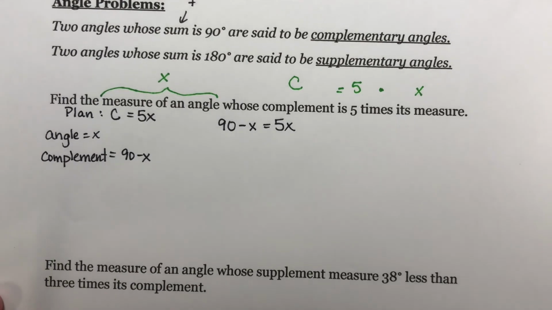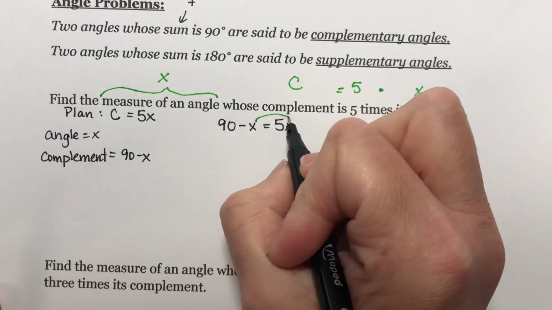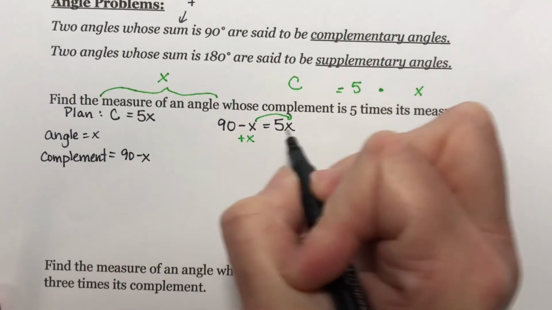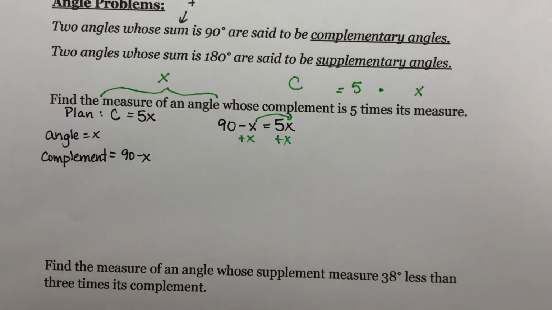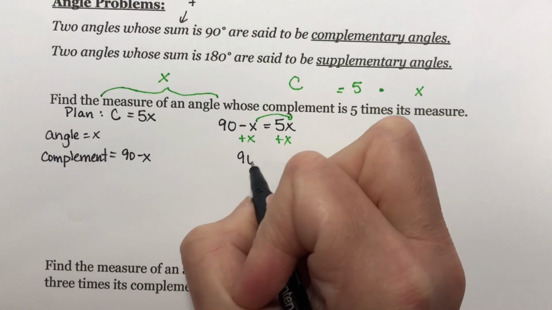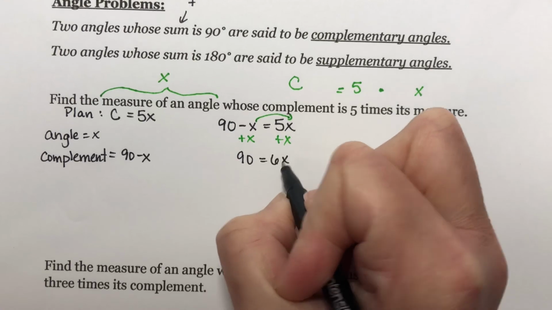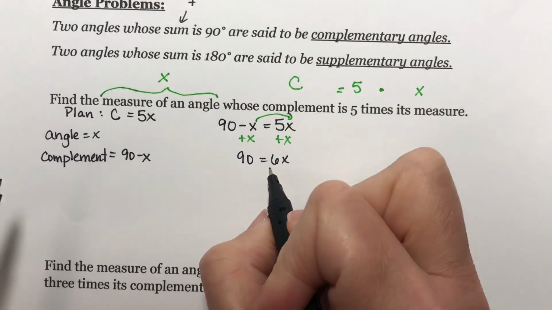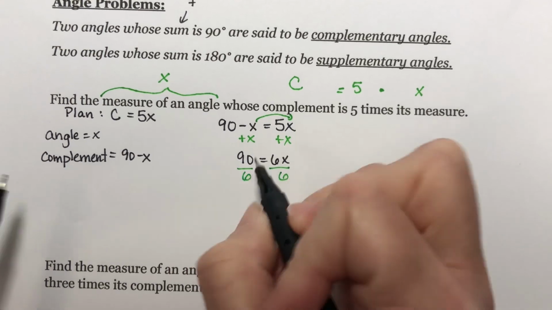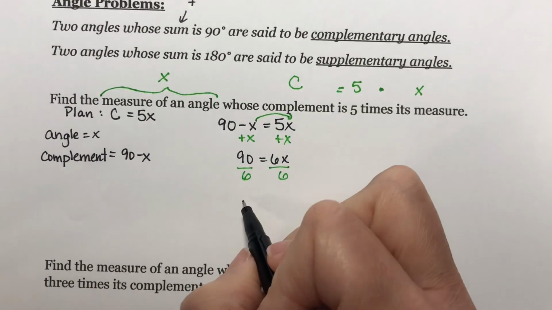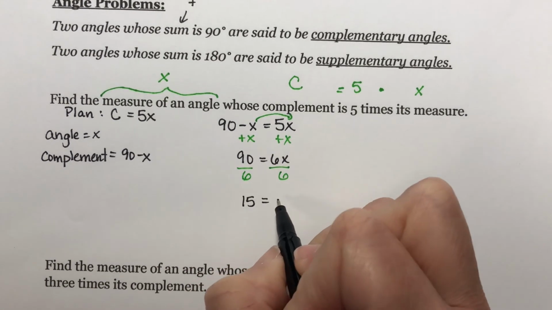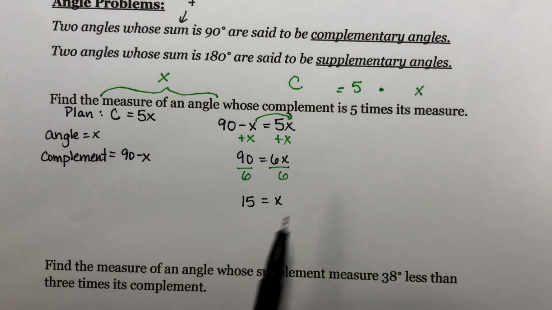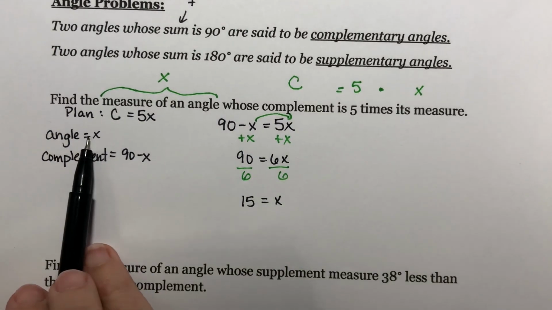So to solve this, I need to get my x's together. So I'm going to add 1x to both sides. To get 90 equals 6x. Divide both sides by 6. And I get 15 equals x. So what I have found is the measure of my angle.